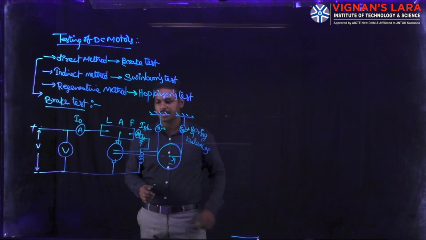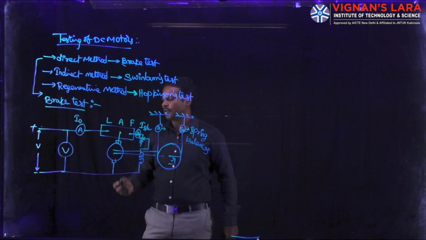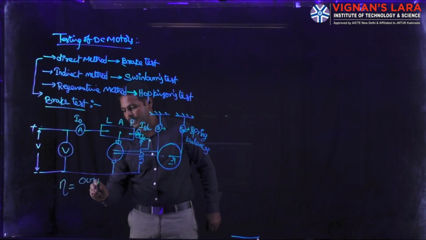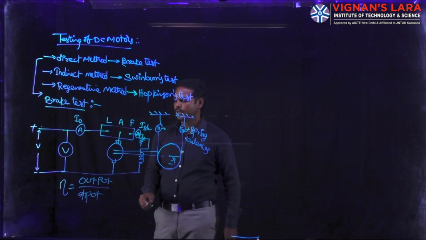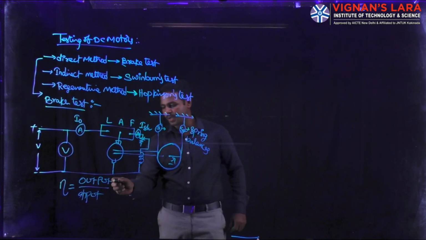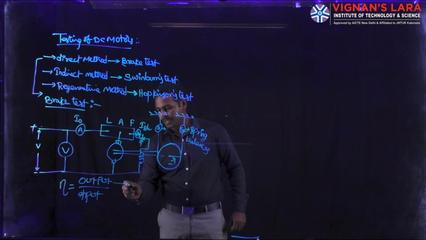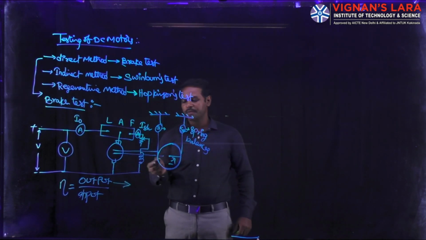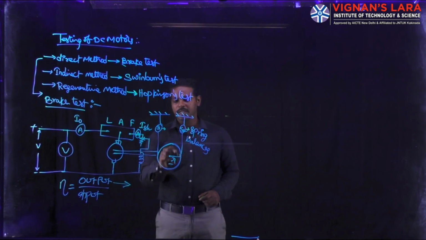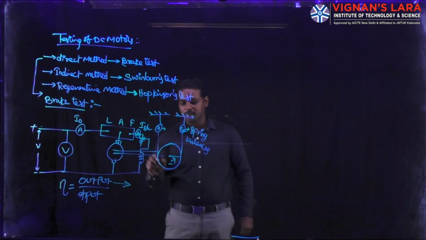All of you know, the efficiency of a motor is equal to output divided by input. Based on these two parameters we can find the efficiency. The output of a motor is calculated from the operation of the motor, that means the load is applied on the motor with the help of the pulley arrangement.